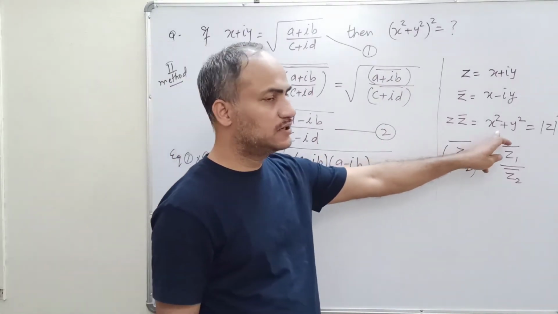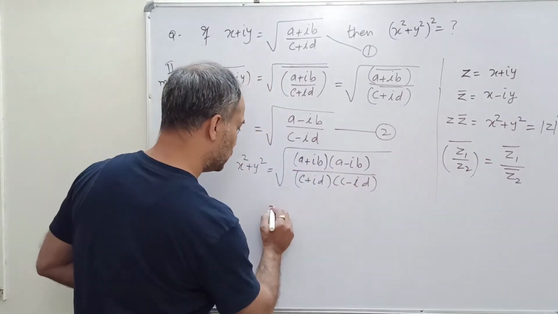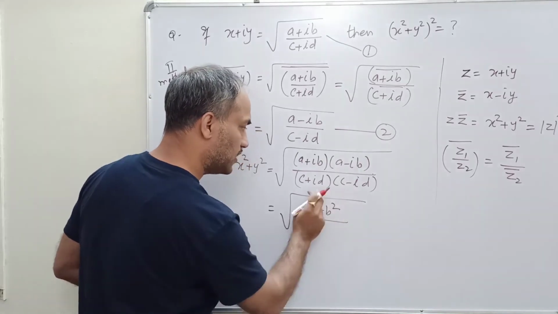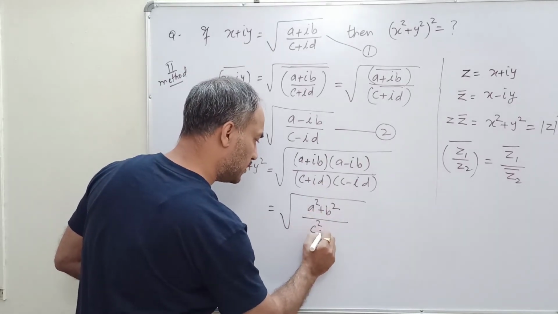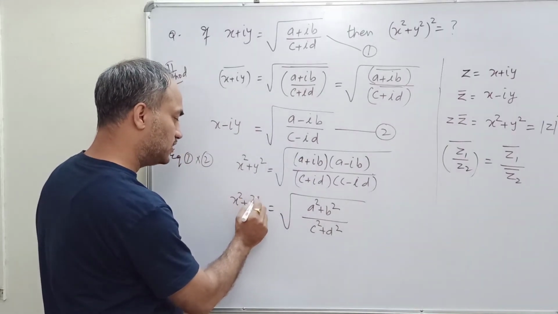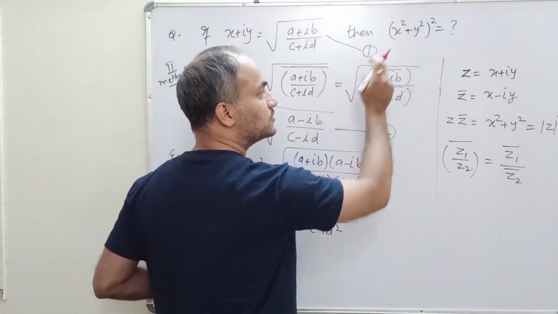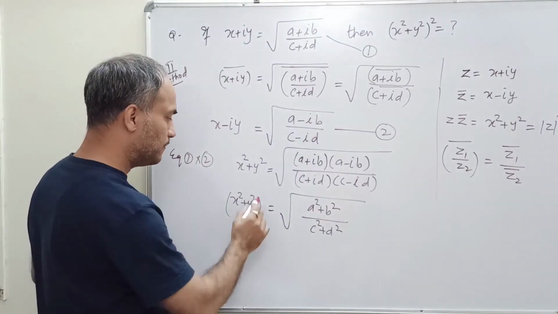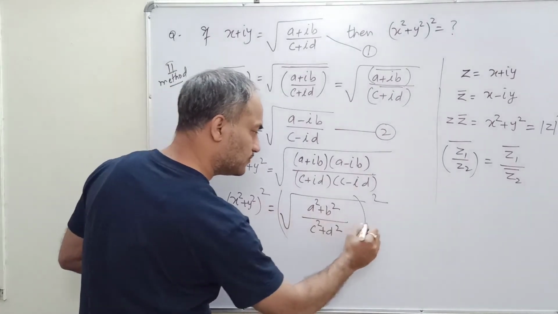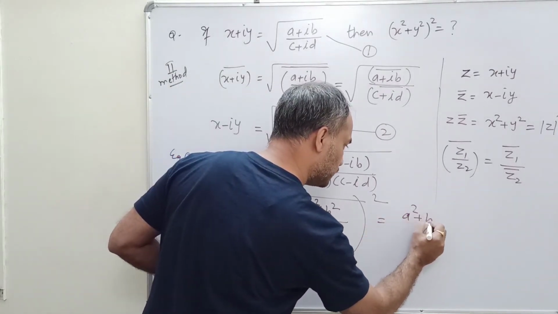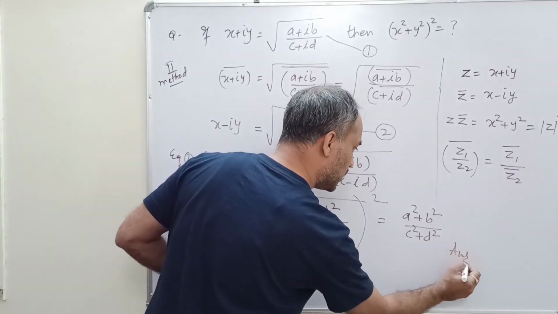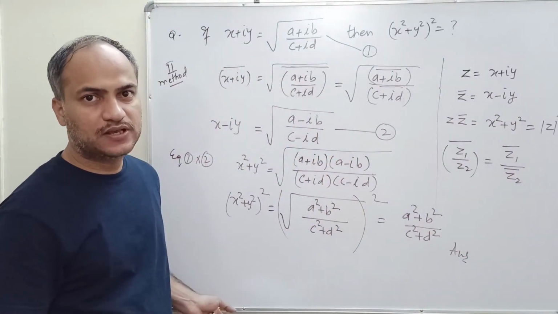This is nothing but root a square plus b square, and this is also c square plus d square. But we need to find the value of what? The square of this term. So once again we are squaring both the sides. So we get this term as a square plus b square upon c square plus d square. This is the answer for the required given term.